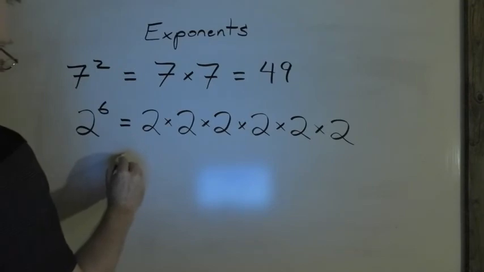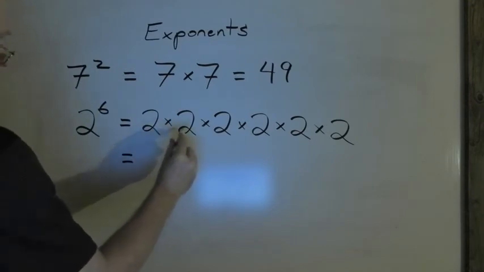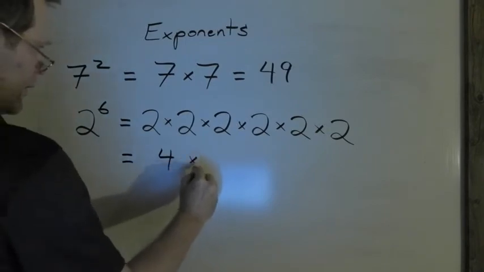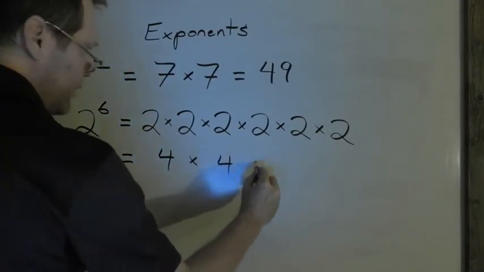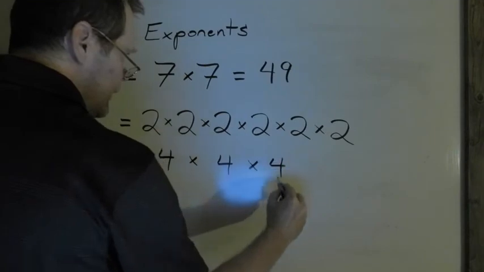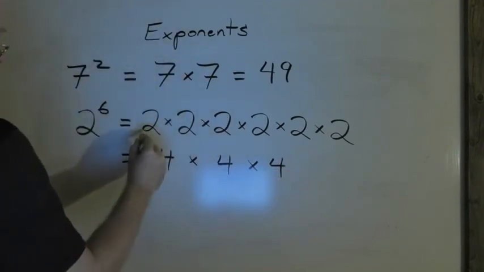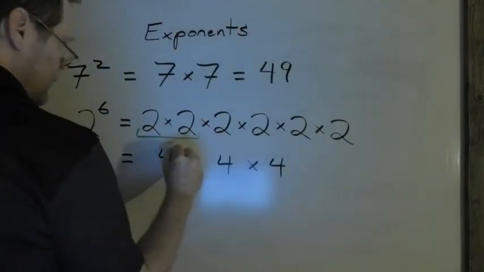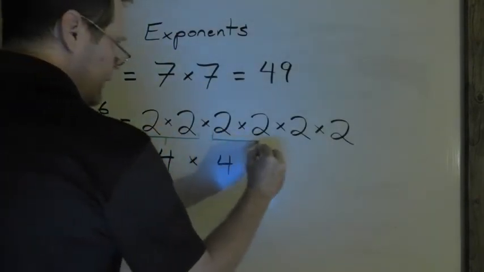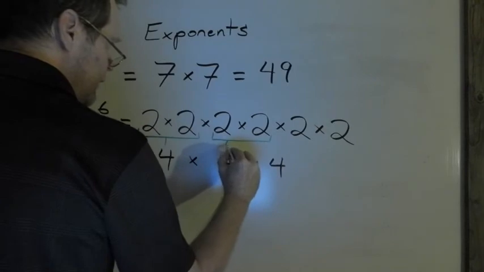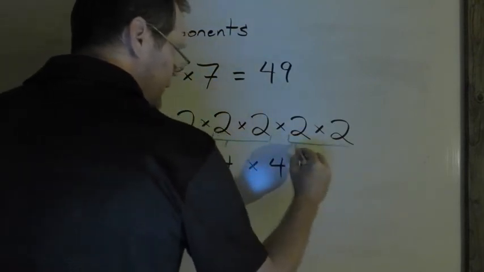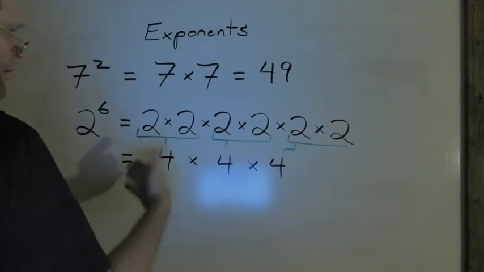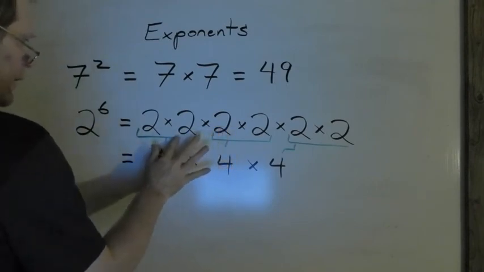So I'm going to write down here is equal to 2 times 2 is 4 times 4 times 4. This right here is going to give us 4. This right here is going to give us 4. This right here is also going to give us a 4. This is how we're breaking this down here.